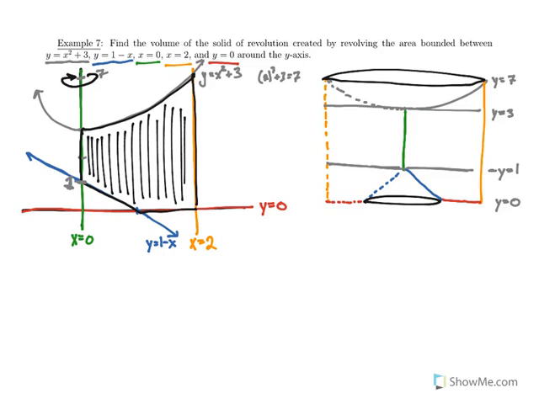There are 3 different volumes that we're going to look at. And that's because when we're thinking about the big radius and the small radius, we're going to have 3 different values out of that.